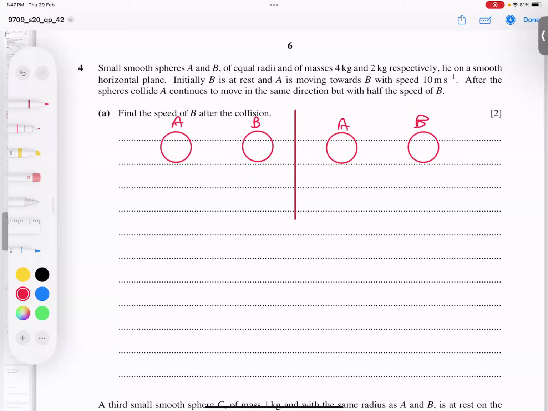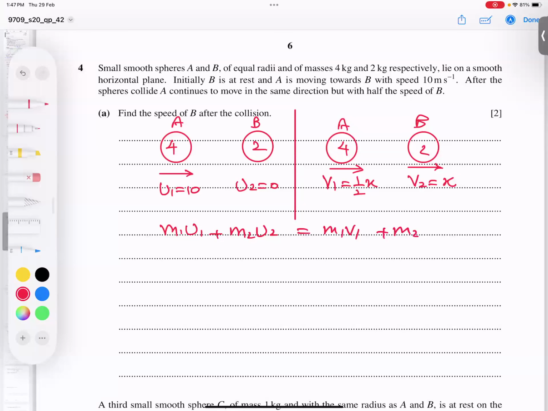So let V2 be x, so V1 is half x, and both are going in the same direction, so no negative velocity. The formula is very clear: M1 U1 plus M2 U2 equals M1 V1 plus M2 V2.